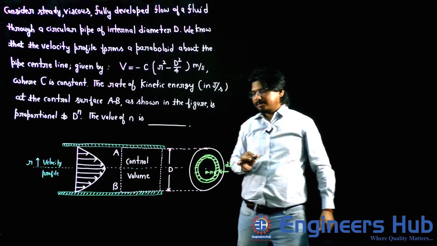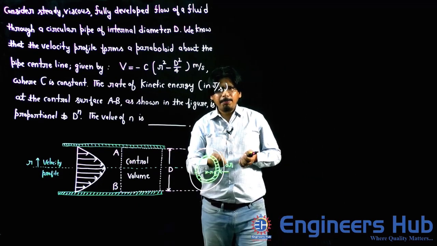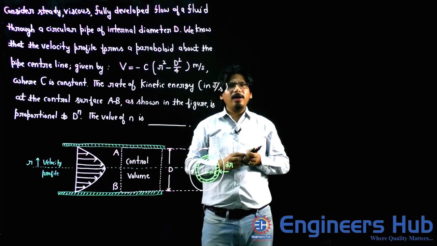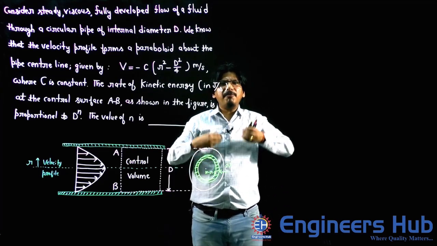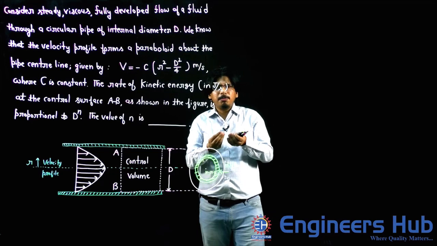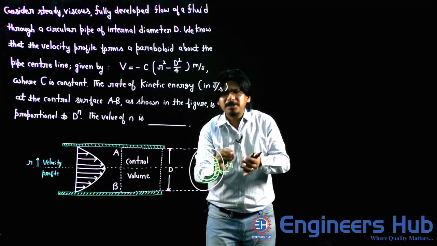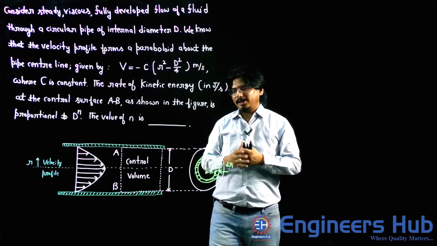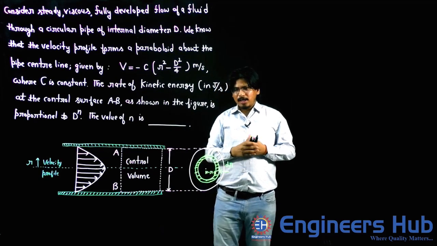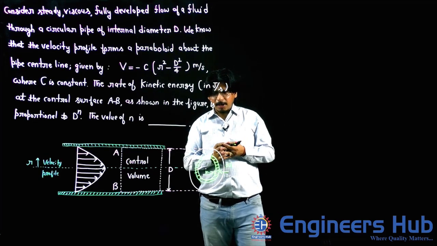Fine. So this strip is so small that I am assuming each and every fluid particle which is passing through this small strip is having almost the same velocity.